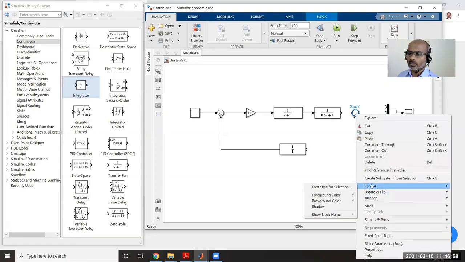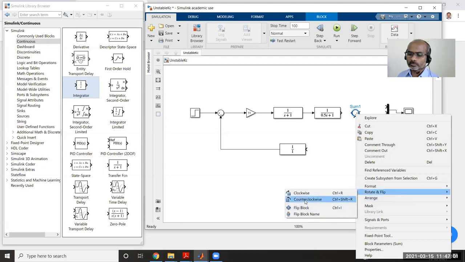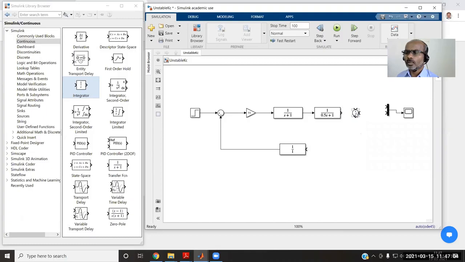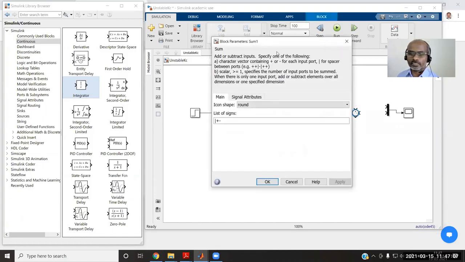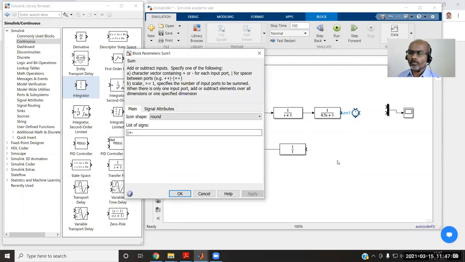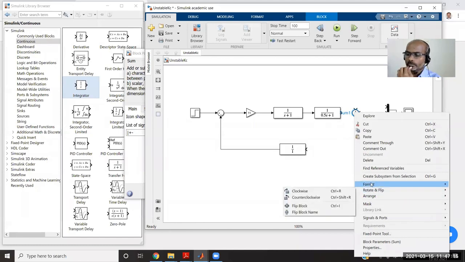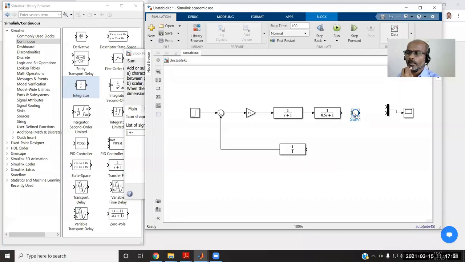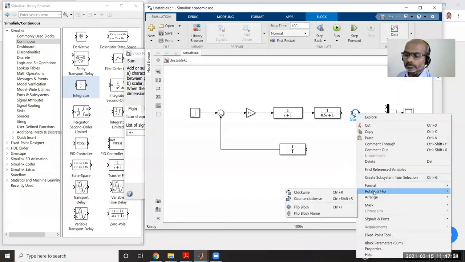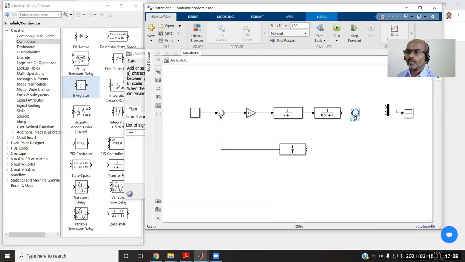Actually there is another easier way available. Flip horizontal will be there. So I need to connect a load which has a transfer function like this.